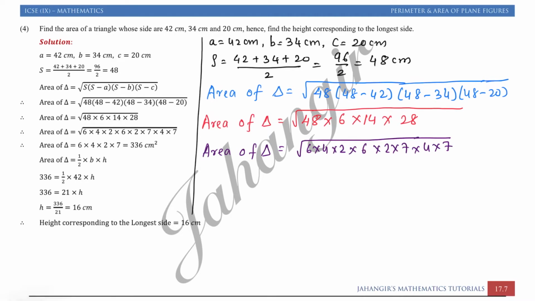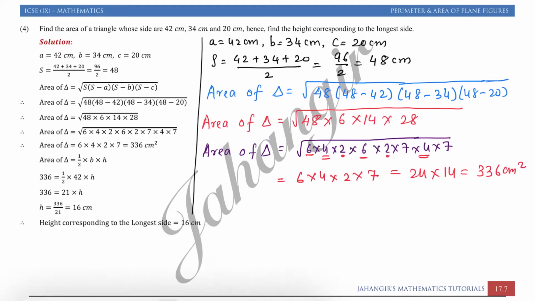Now we can see we have 2 6s in the square root, so that will be equal to 6. We have 4 as 2 pairs, so into 4 we have 2 and 2 also, 2 times 2, then into 7. 6 4s are 24 into 14, that is 336 centimeter square.